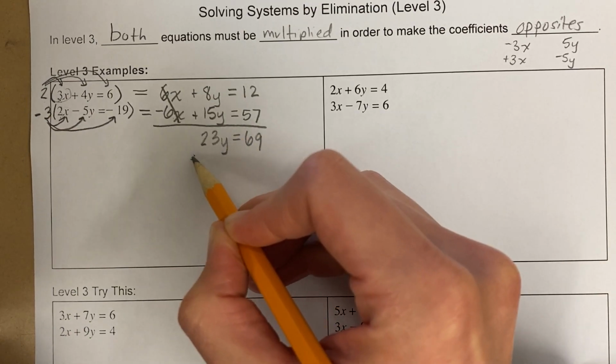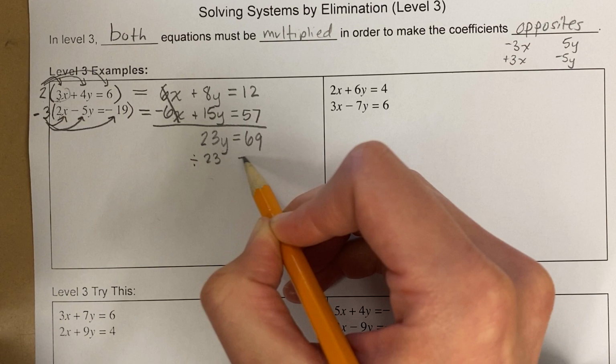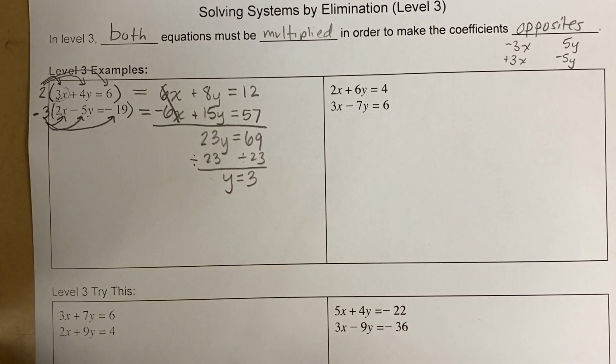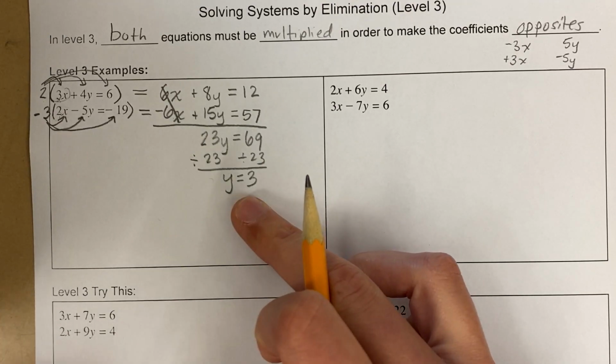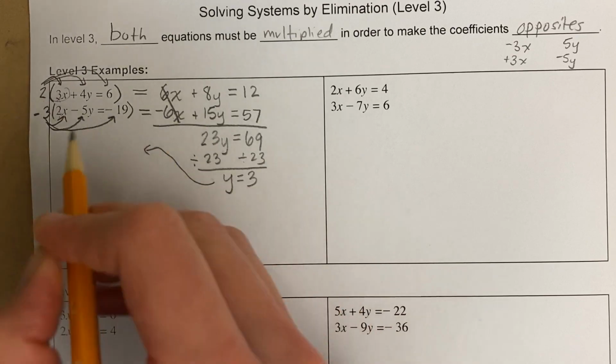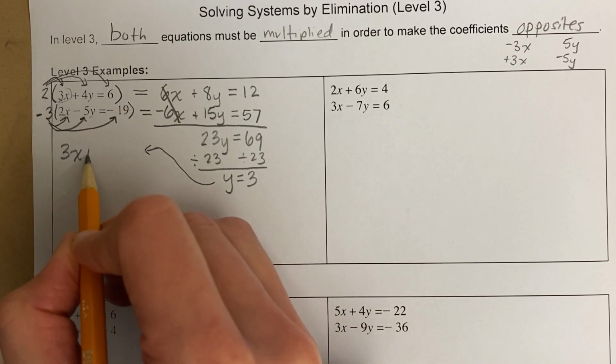When I want y by itself, I need to divide by 23. And I get y equals 3. Okay, so now I have y equals 3. And as always, once I have my y value, I need to plug back in and find my x value. So I'm just going to use this first equation.